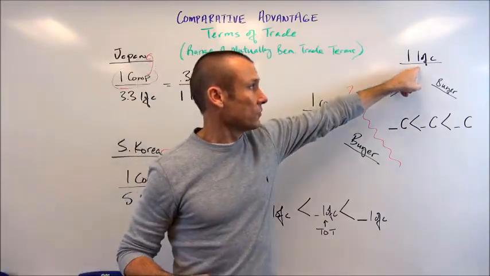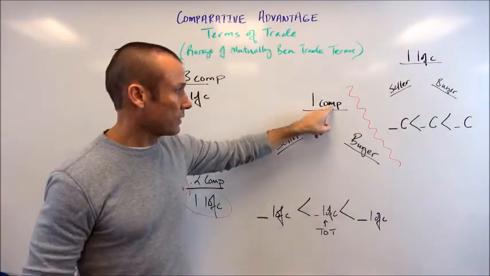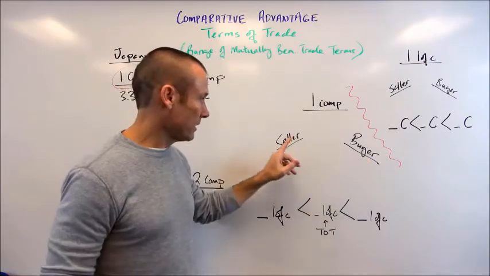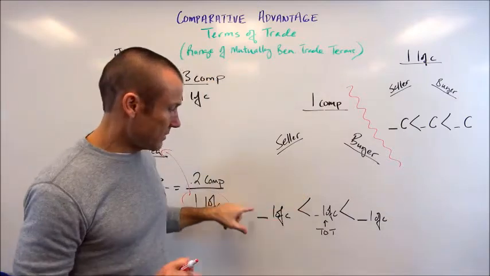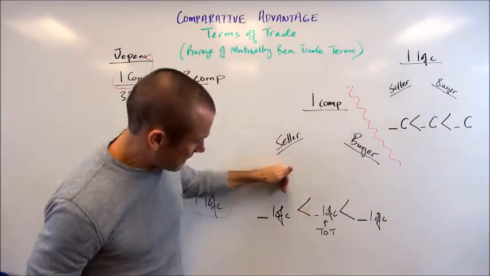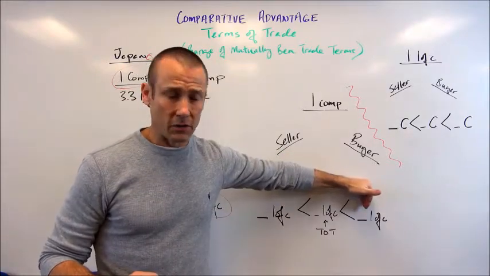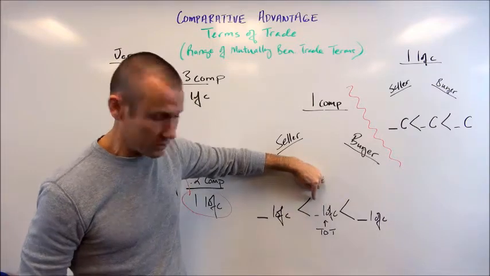In fact, you'll see I'm going to do it for lines of code in a second. But here at the beginning, one computer. Then I always write seller and buyer. Once again, this is just a template. No brain power yet. And then I set up a range. This is my range of mutually beneficial trade terms and a possible terms of trade going in right there.